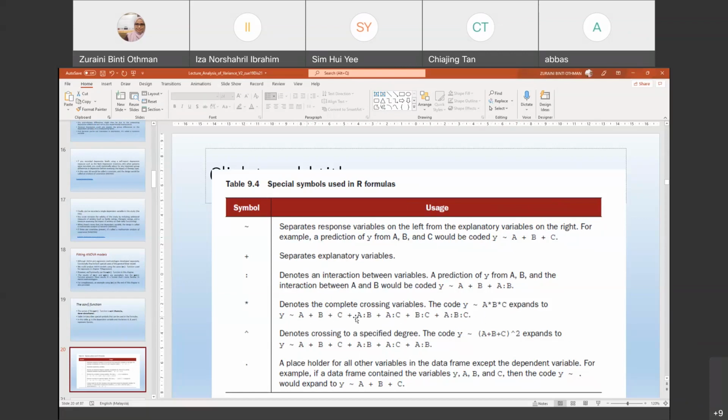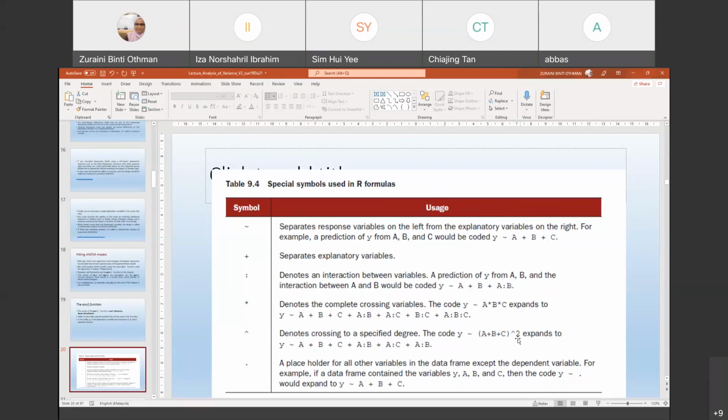When we expand it, it gives the interactions AB, AC, BC, which is different from plus, which just separates the factors. And if we have the power symbol here, it denotes crossing to a specific degree.